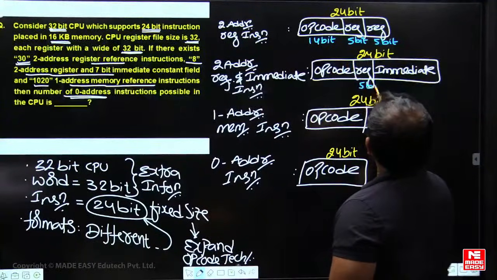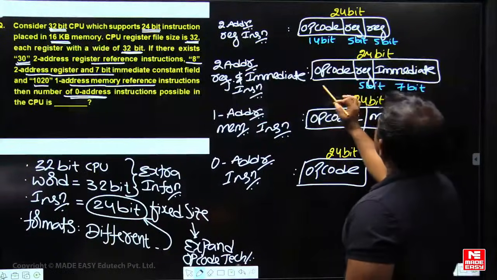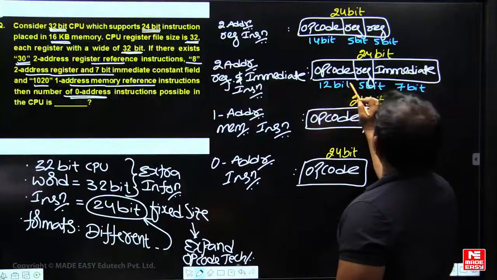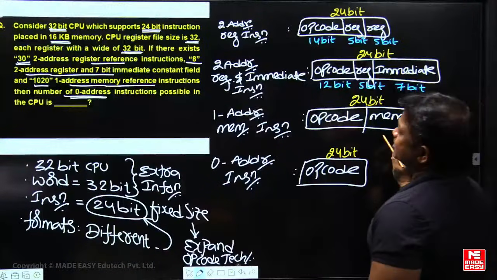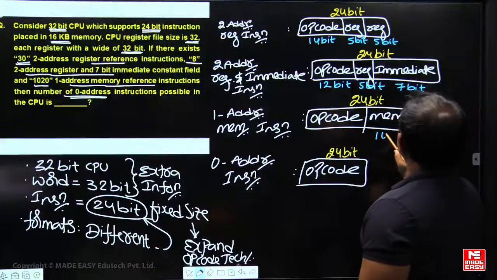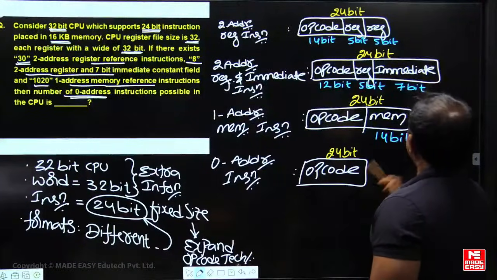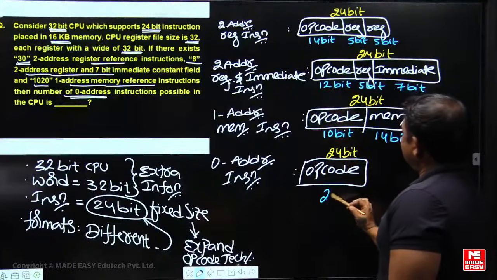Then 5-bit register, 7-bit immediate, now 12 bits. Next, memory address 16 KB, 14 bits, then 10-bit opcode. Then this is 24.